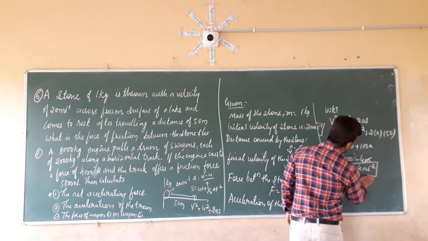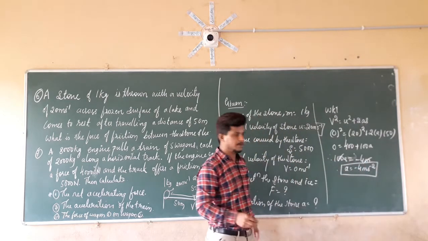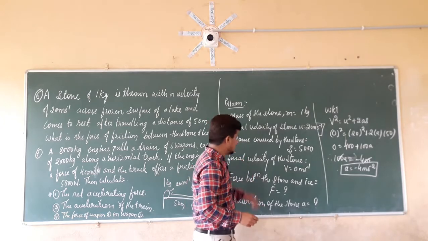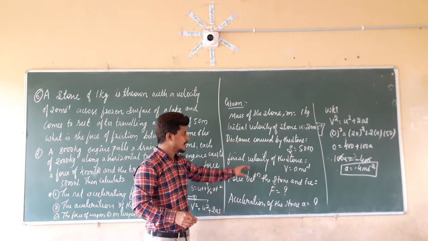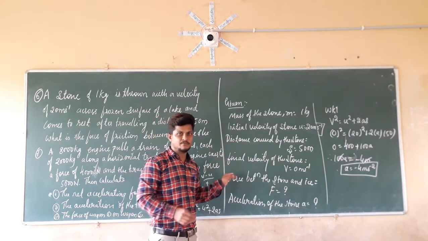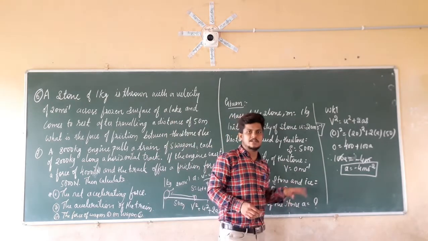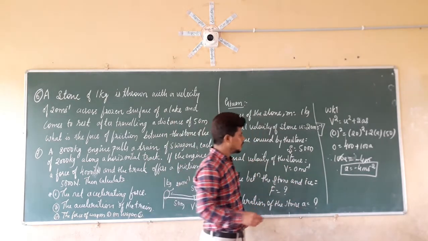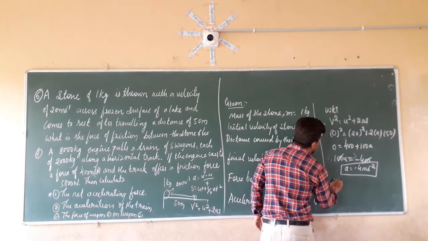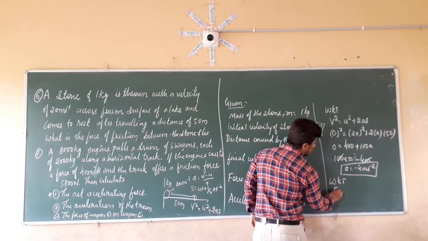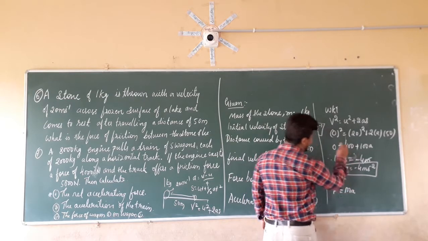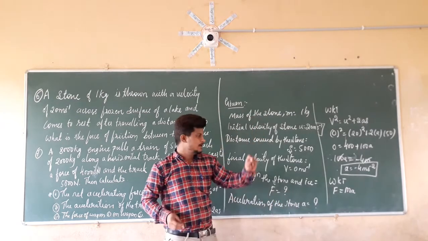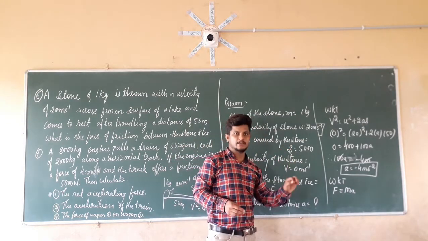Next, what do we have to calculate here? We have to calculate the magnitude of the frictional force acting between the stone and the ice. We know the formula by Newton's second law of motion, F equal to m into a.